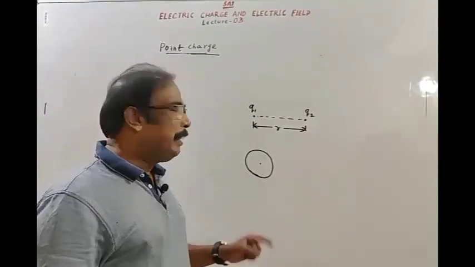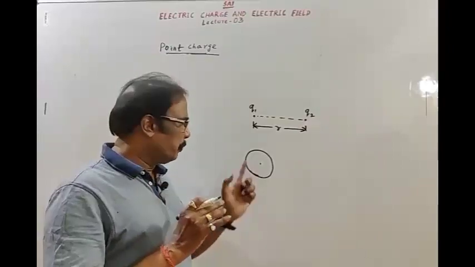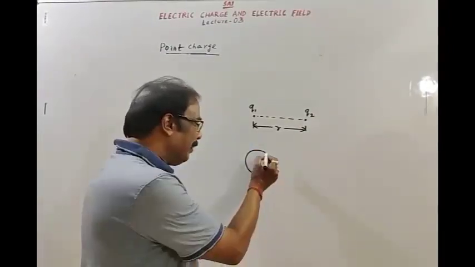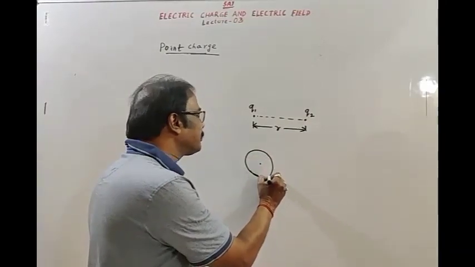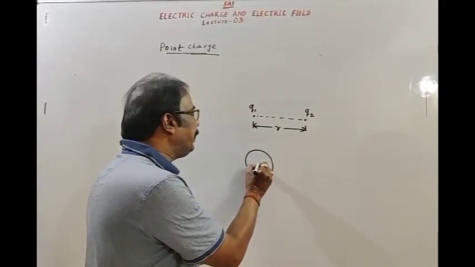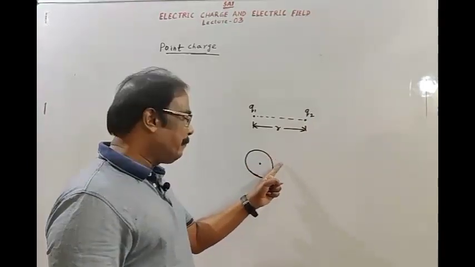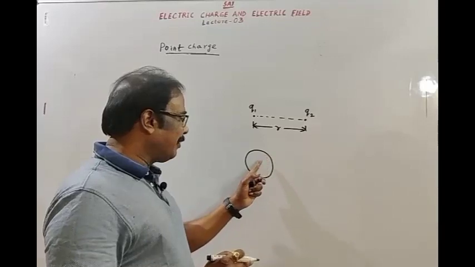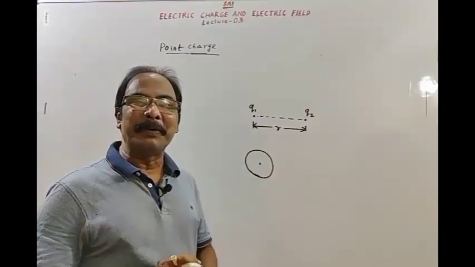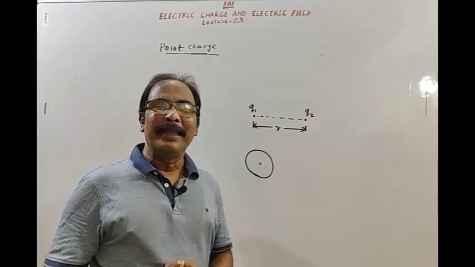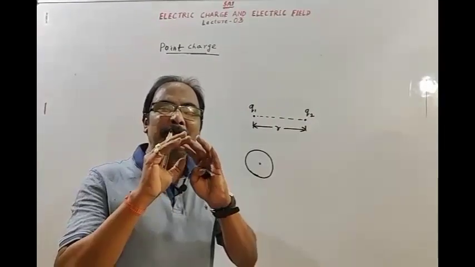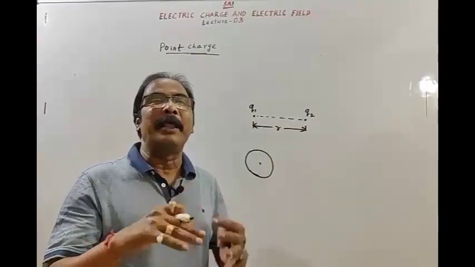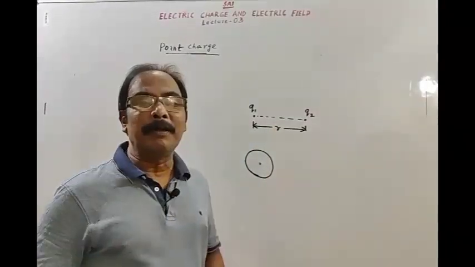Number one, a sphere is such a geometrical figure in which any point on the surface is equidistant from the center, at a distance r from the center of the sphere. So a spherical body is considered a perfectly smooth body, since all the points on the surface of the sphere are equidistant from the center.